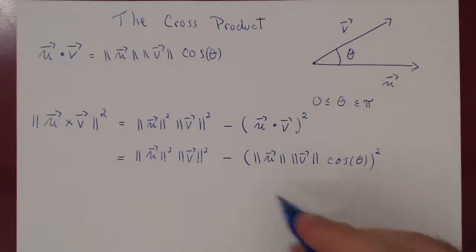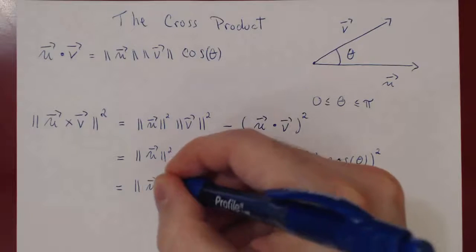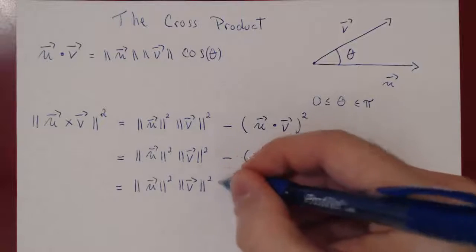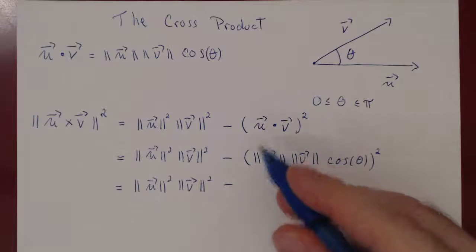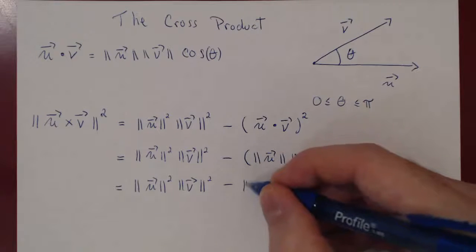The whole expression is squared, so we can square the three terms individually. We'll have the norm of u squared times the norm of v squared minus the norm of u squared, norm of v squared, cosine squared of theta.